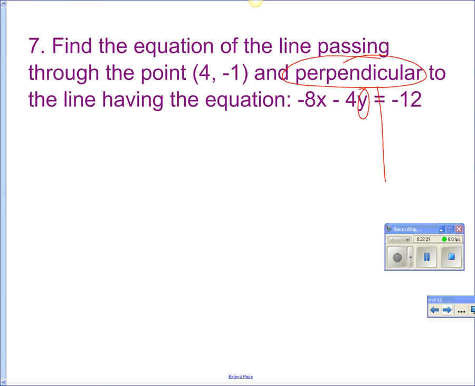Monica, what happens when I move negative 8x over here? Ethan H., step out in the hall, please. All right, so I move negative 8x, becomes positive. And what am I dividing by on this one? Very good, negative 4.